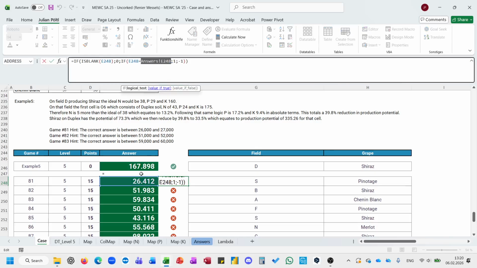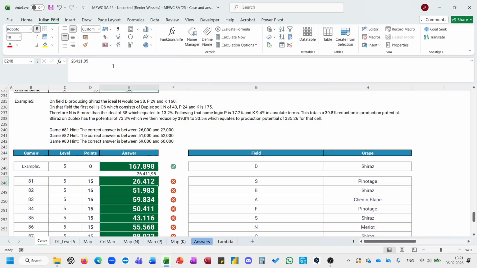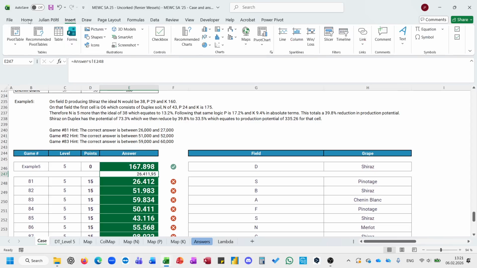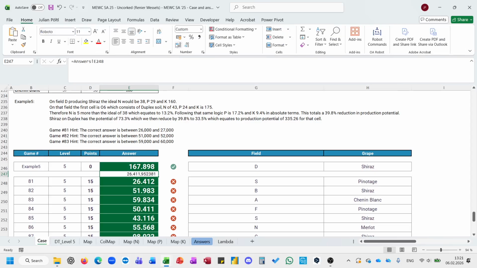Ugly. Oh. This might even be floating point or something like that.